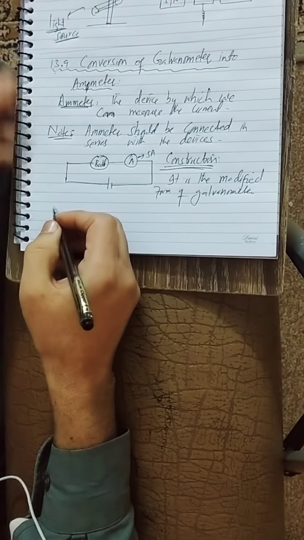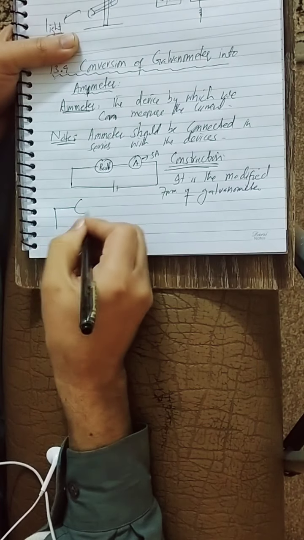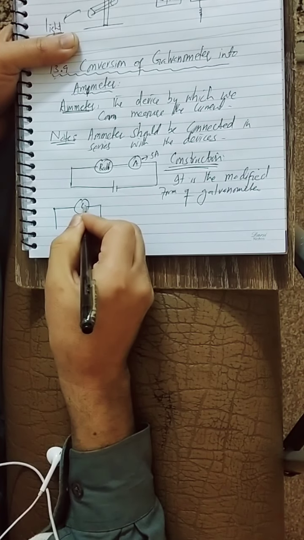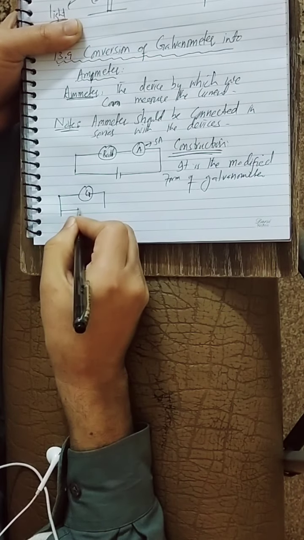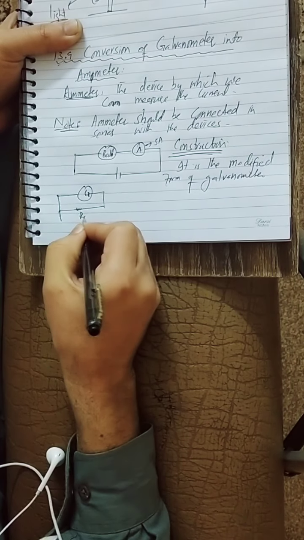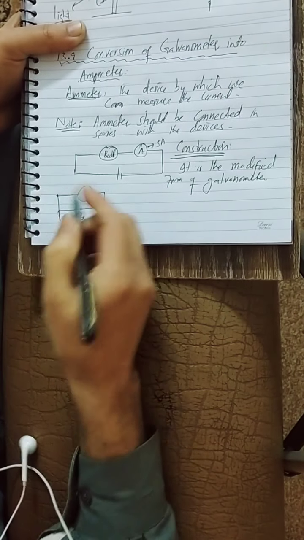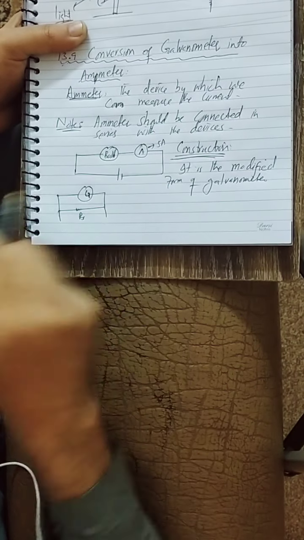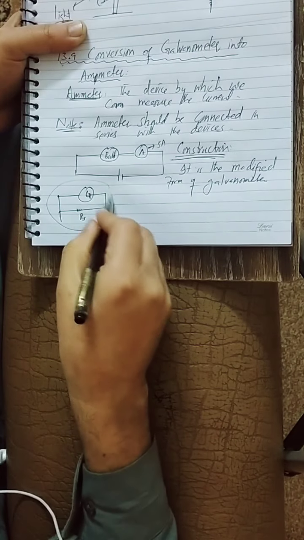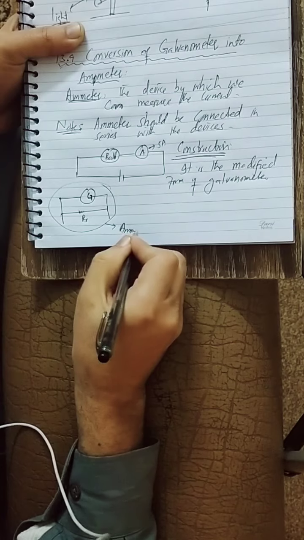If we have a galvanometer, connect a shunt resistance in parallel to the galvanometer. If you connect a shunt resistance in parallel to the galvanometer, this whole device is called the ammeter.